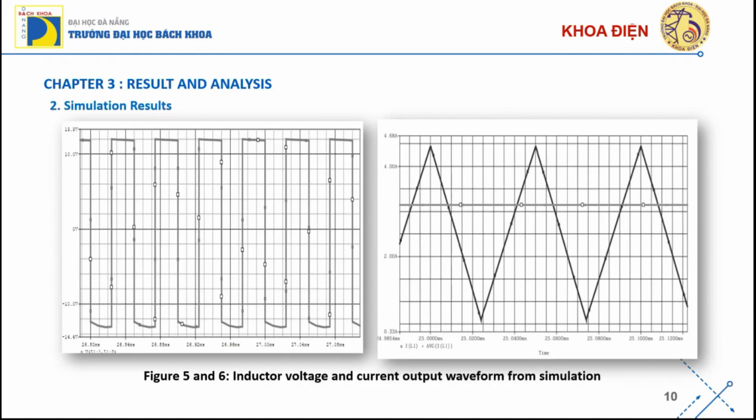In figures 5 and 6, we show the real simulation result from Multisim. This graph confirms that the inductor works in continuous conduction mode, meaning the inductor current never drops to zero. That makes the inductor stable and efficient.